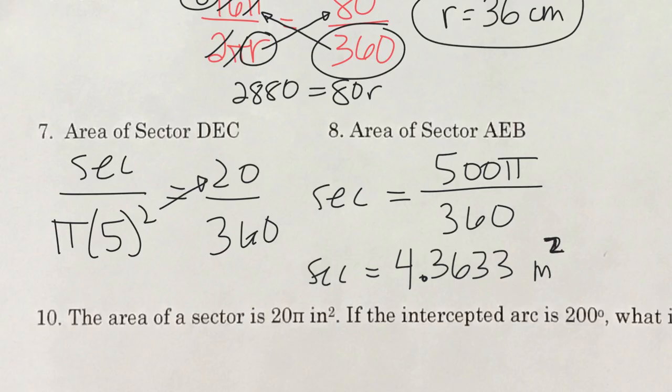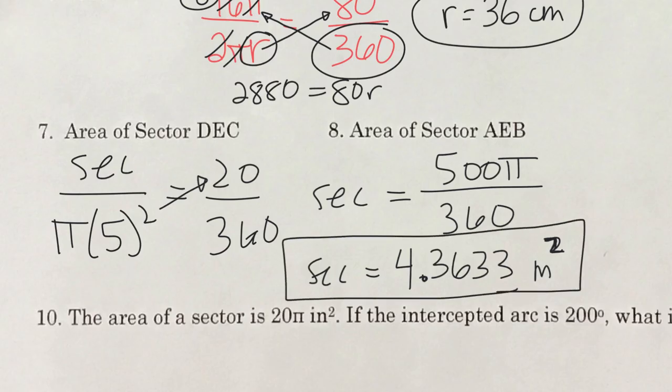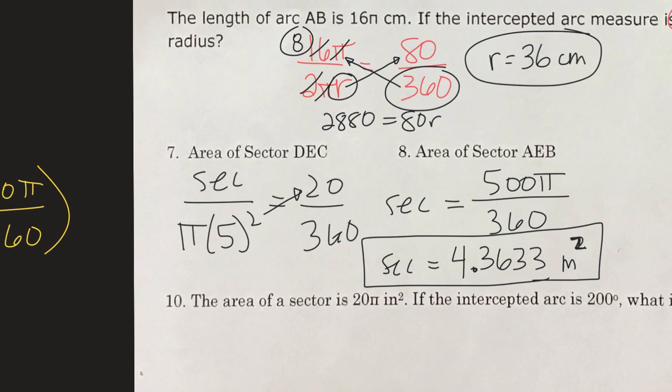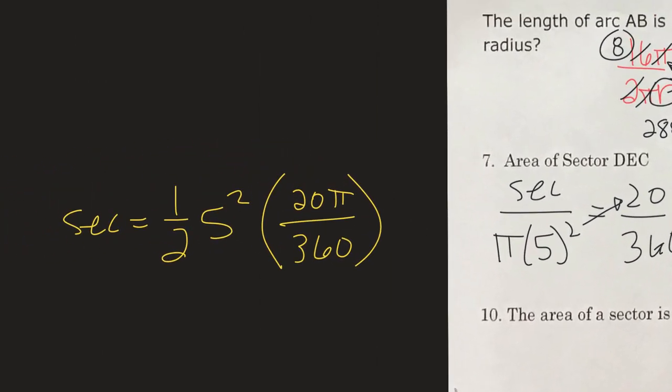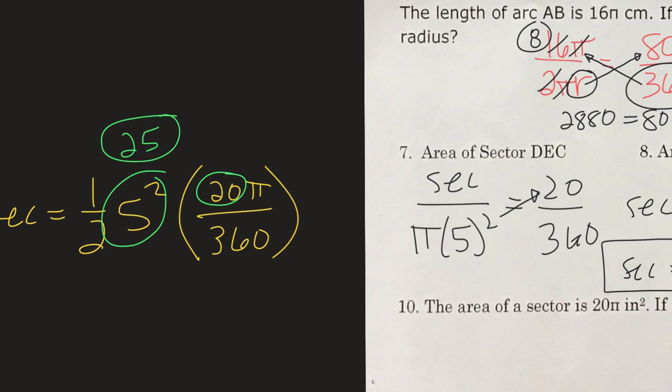Area always has a squared unit. So 4.3633 square meters. Let's come over here and see what I get. Let's see if we can simplify. This is our 25 times 20, there's your 500 divided by 360.